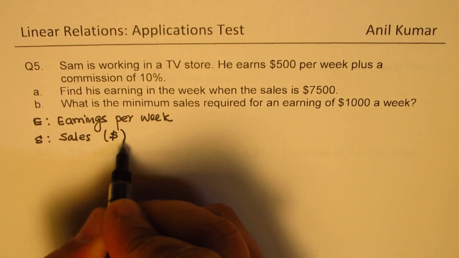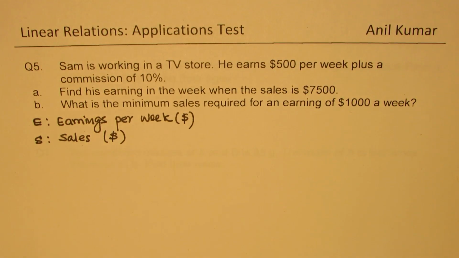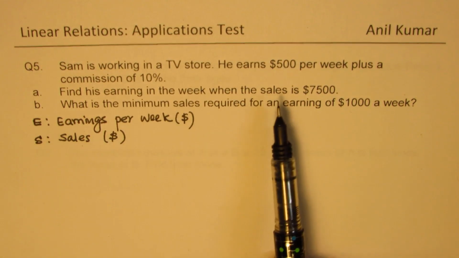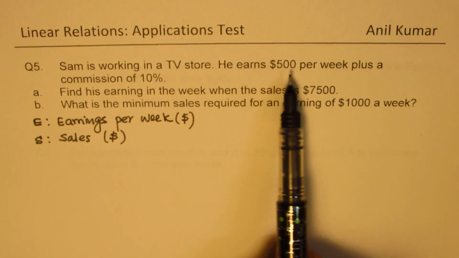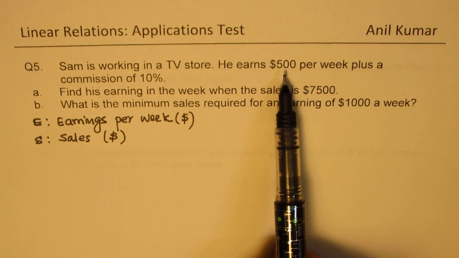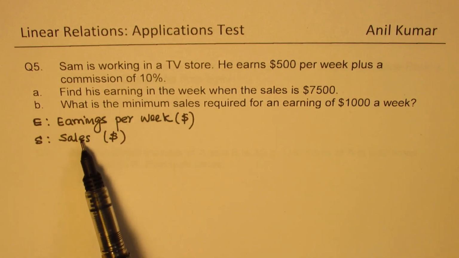So let's say both are actually in dollars, correct? Now based on this, we can write down our equation. Sam is working in a TV store. He earns $500 per week plus, so this is a fixed earning, plus a commission of 10% on sales, right?